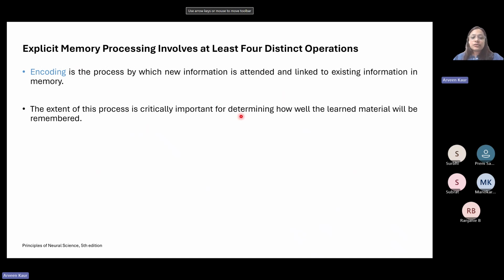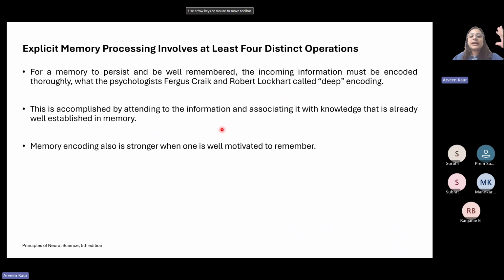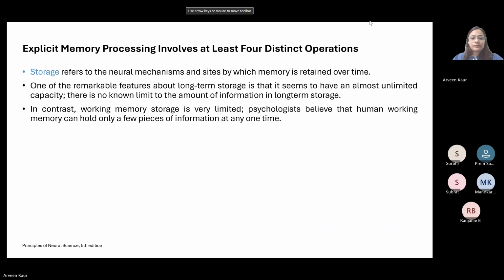So, the extent of this process is critically important for determining how well the learned material will be remembered, right? So, how well we are perceiving it is how well we might remember it, right?